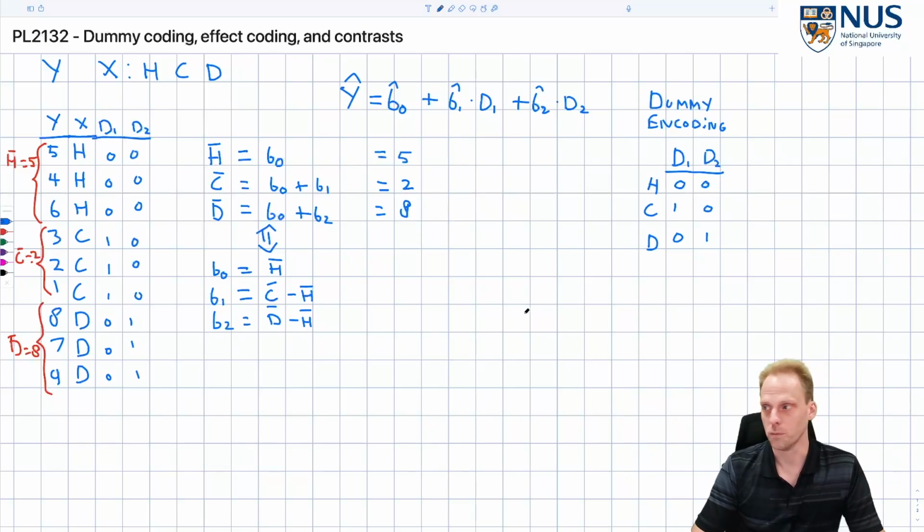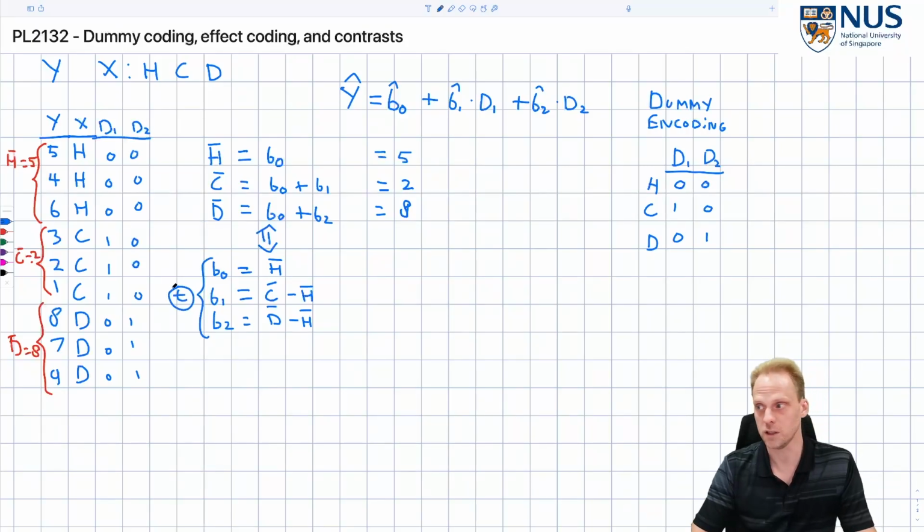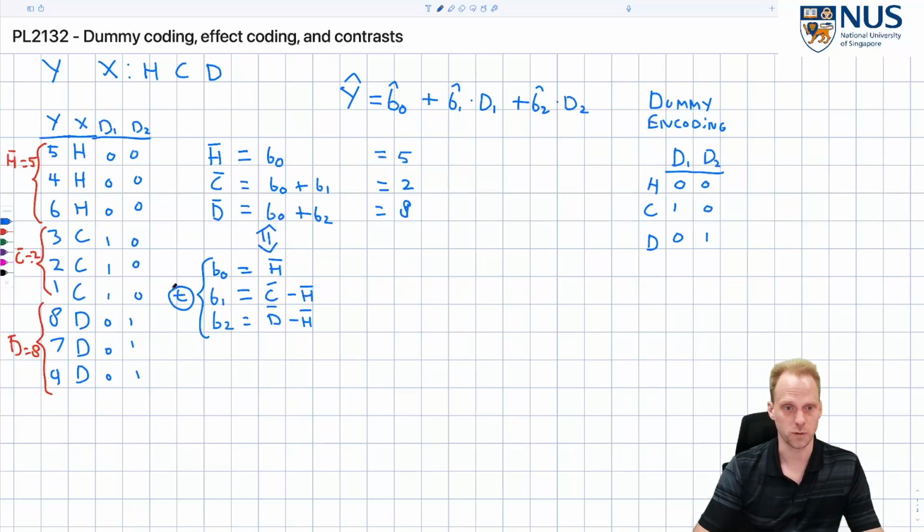Now we get something more interesting. These parameters also have associated t statistics that we can use to test hypotheses on the parameters themselves. For example, we might have a hypothesis that the average of cats is higher than the average of hamsters, and that's associated with a null hypothesis that the average of cats equals the average of hamsters.